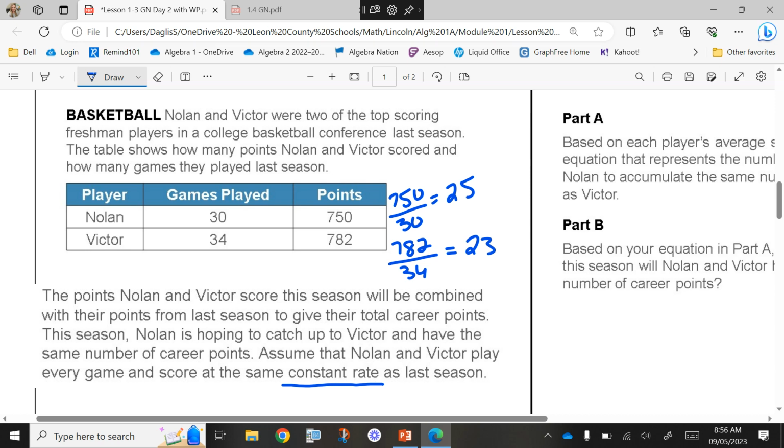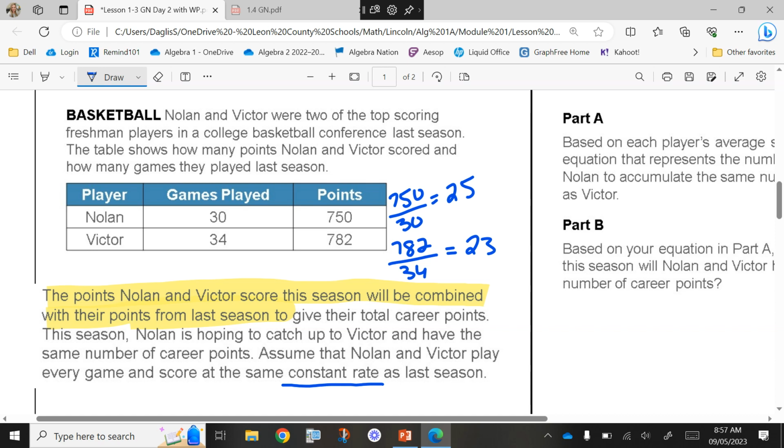How are they going to total their career points? What did they say they were going to do with it? The points they score this season will be combined with their points from last season to get their total career points.